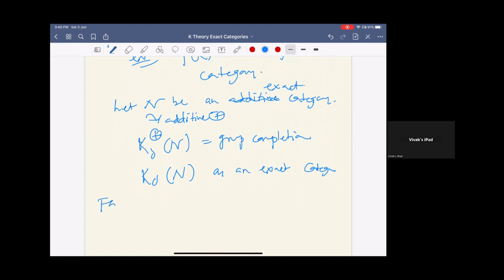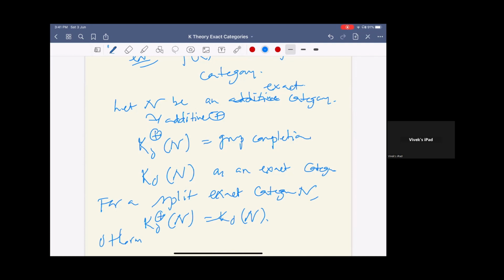So that means for a split exact category N, taking the group completion method and taking the general definition coincide only for a split exact category. Otherwise, these two groups differ.